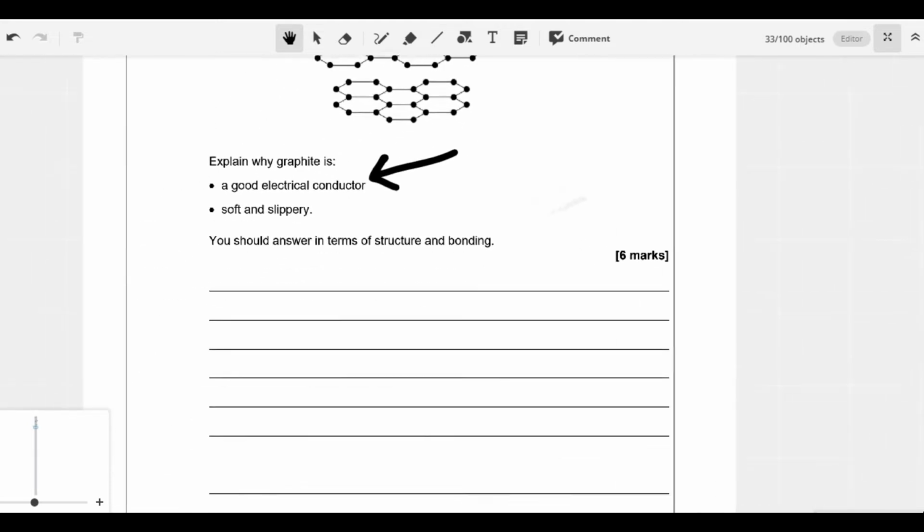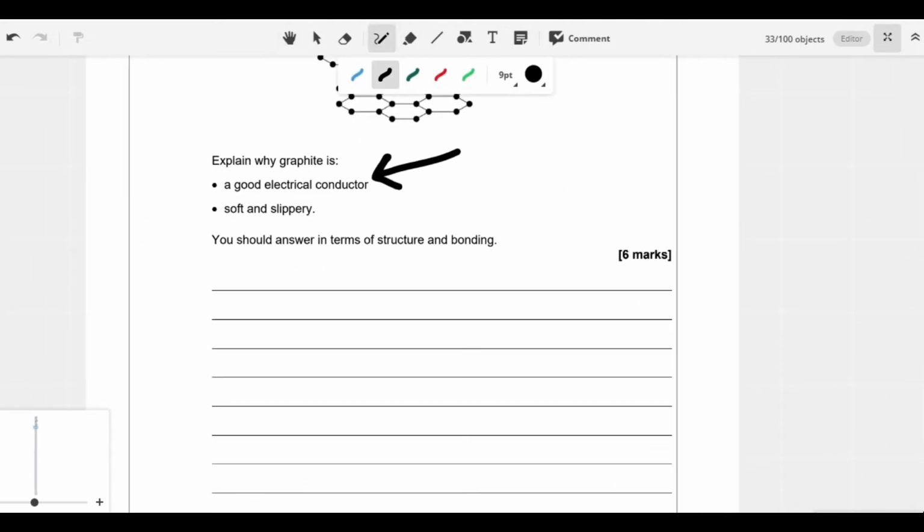Because graphite has delocalized electrons. Carbon has the ability to make 4 bonds, but in the graphite structure carbon makes 3 bonds and 1 electron is present as a free, delocalized electron. Because of that, graphite is a good electrical conductor.